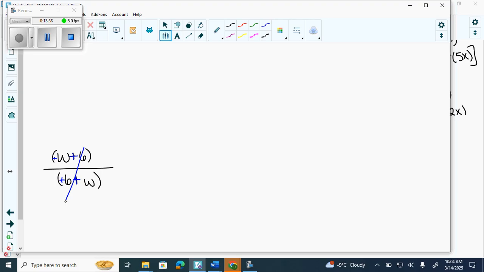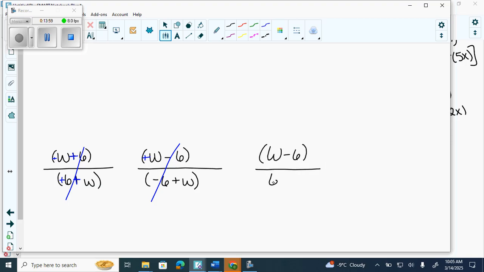Yes? Okay, what if I have this? W minus 6, negative 6 plus w. They are the same. Positive w, negative 6, they can cancel. Okay, what about this? W minus 6, 6 minus w.